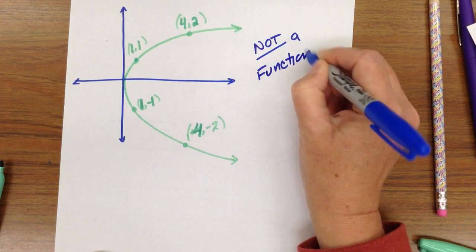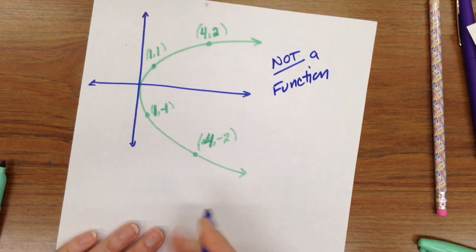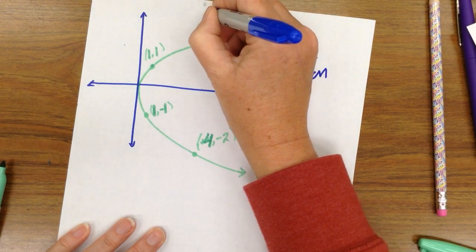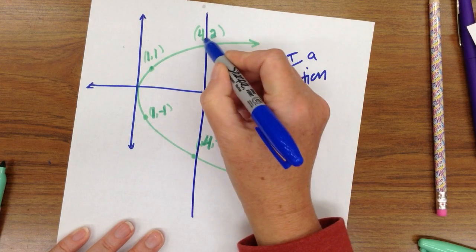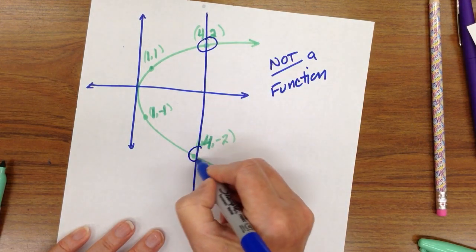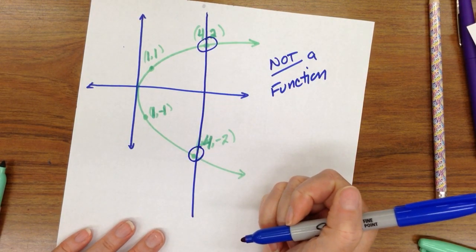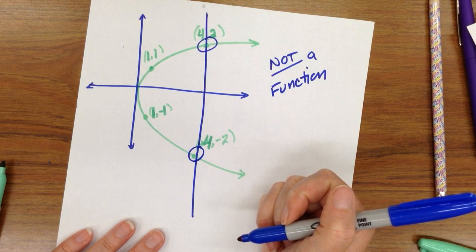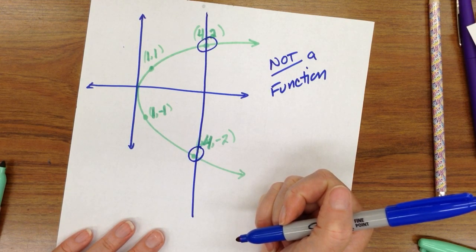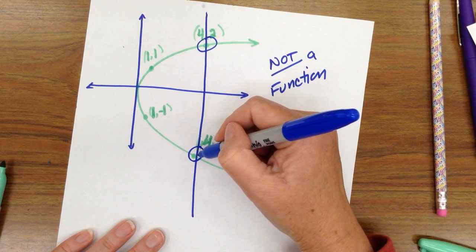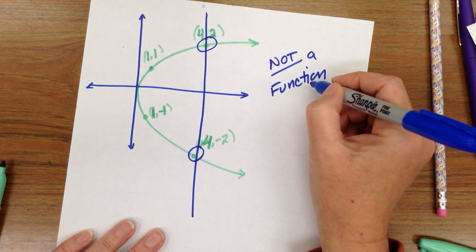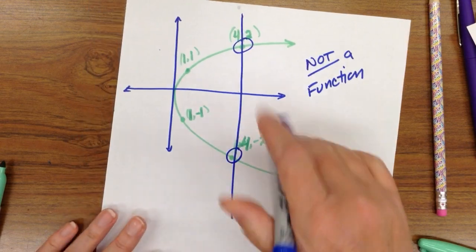It's called the vertical line test. If I put a vertical line through my graph, and if it touches more than once, meaning if it touches twice or 3 times or 4 times, if it touches more than once, it is not a function.